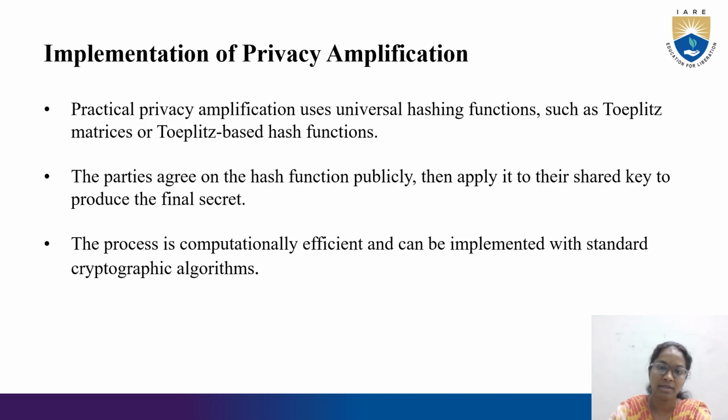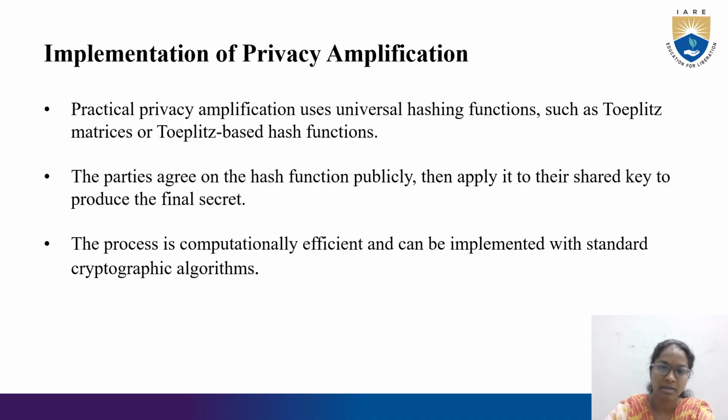How to implement privacy amplification? Practically, it uses universal hash functions such as Toeplitz matrices and Toeplitz-based hash functions. The hash functions may also contain NAND gates, NOR gates, and exclusive OR gates, and algorithms to process the computational problems.